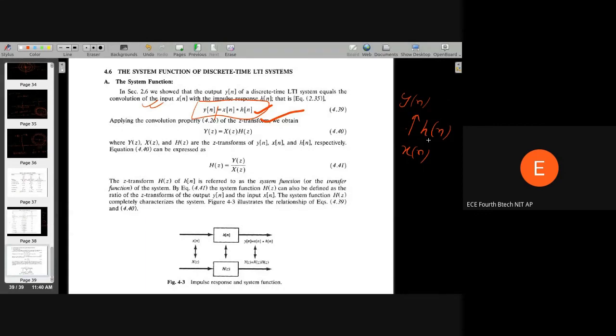Based on this convolution property, you can represent it in simple multiplicative terms, and your transfer function becomes the Z transform of the output divided by the Z transform of the input. So this transfer function relates how the output will change with respect to the input, and it makes your analysis easy.